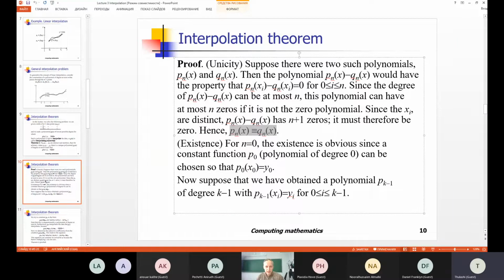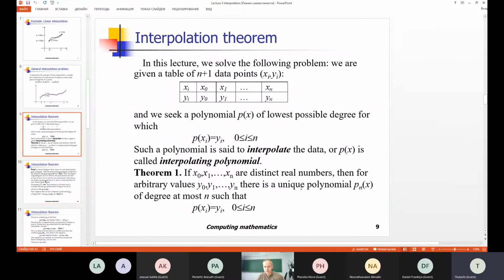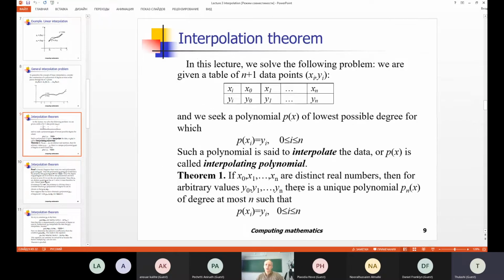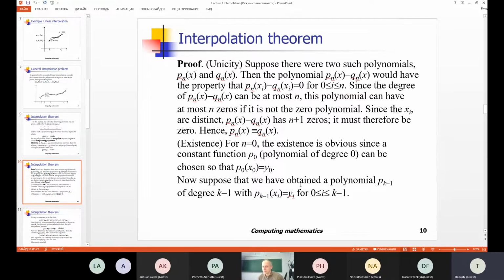And the next part of this theorem is the proof of existence. So this polynomial exists and is unique. Now let's prove that this polynomial exists.